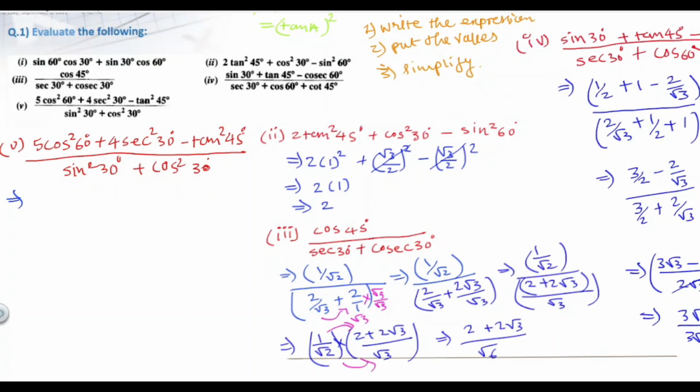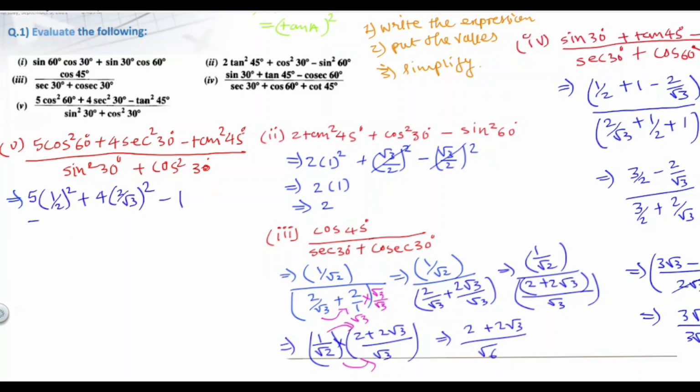So let's just put the values here. So it is 5 and cos 60 degree. Cos 60 degree is 1 by 2. So the square of 1 by 2 plus 4 times sec square 30 degree, right? So what is sec 30 degree? Yes, it is 2 by root 3. So the square of 2 by root 3 minus tan square 45, and tan 45 is 1, so 1 square, which is equal to 1.